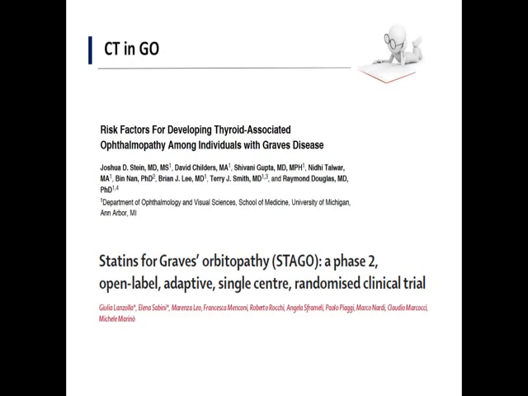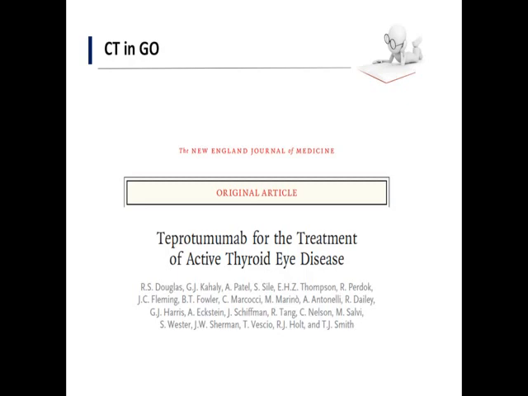An example is the studies we have conducted on the use of statins in GO that are based on the observation that statins protect from developing GO in patients with Graves' disease. Other examples are the studies on teprotumumab that are derived directly from lab studies beautifully conducted by the group of Terry Smith, for example.